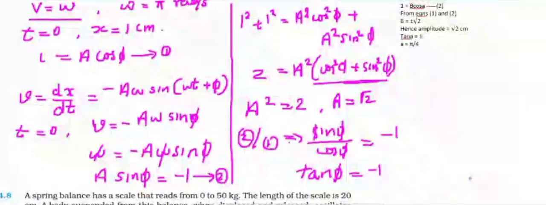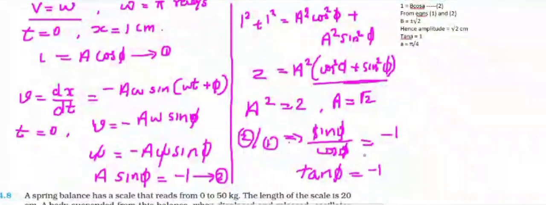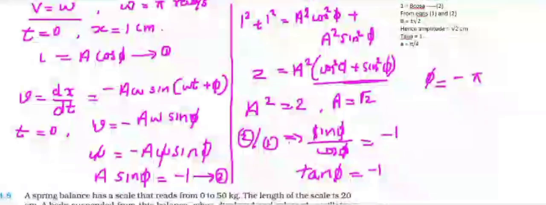Values of sine and cos are equal at 45 degrees. Sine 45 is 1 by root 2, cos 45 also 1 by root 2. That's why you are getting 1 here. Therefore, you can take phi is equal to, because of the minus 1, minus 45 degrees. 45 degrees means it is pi by 4.